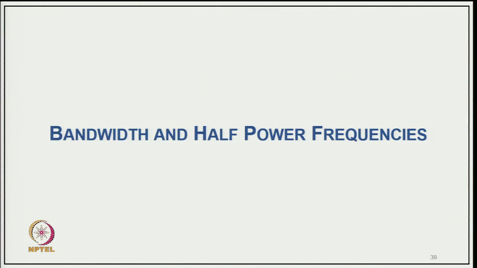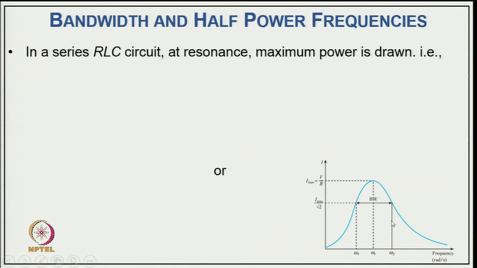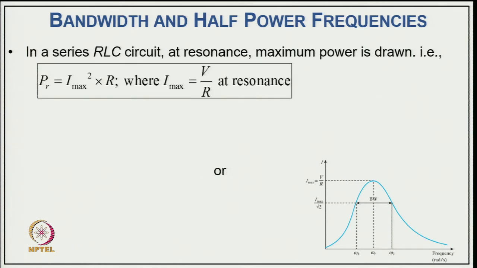So, coming to define other terminology called bandwidth and half power frequency, which we define as frequencies related to the characteristic. In a series RLC circuit at resonance maximum power is delivered, that is P_r equal to I_max squared into R, where I_max equals V upon R at resonance.